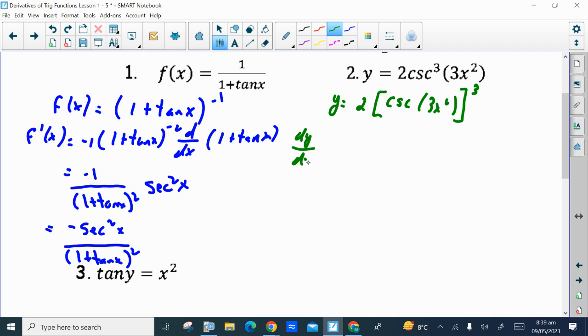So dy by dx will equal. The first step, the 3 comes in front, and it's multiplied by the 2. The power decreases by 1, and then we multiply by the derivative of what's inside the bracket, the derivative of the cosecant of 3x squared. To differentiate that, again, we need to use the chain rule.